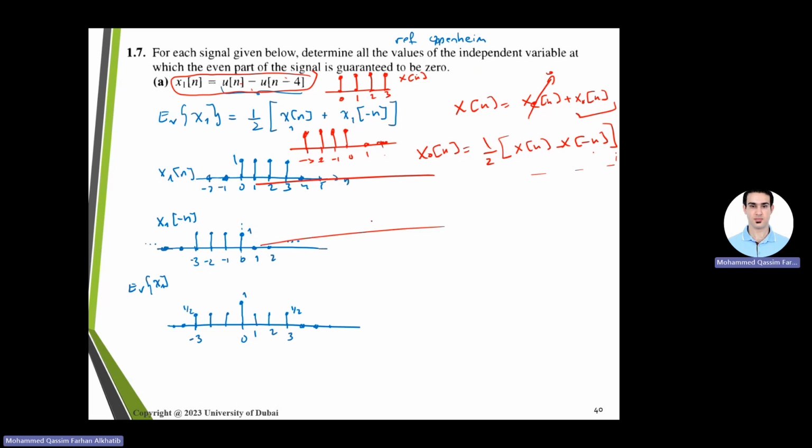At 0, I have this overlap, 1 and 1, I will have 2, and 1s elsewhere. Then divide by 2. So this is 1, and this is half, half, half. And that's it, that's the odd part. Is it clear?